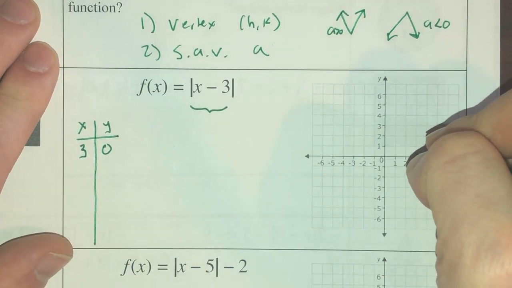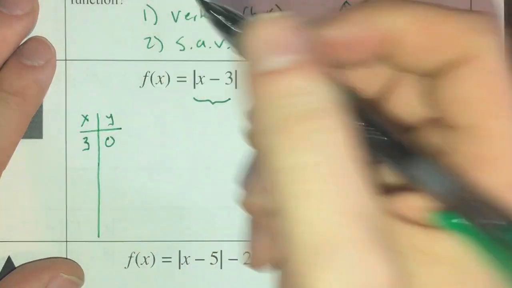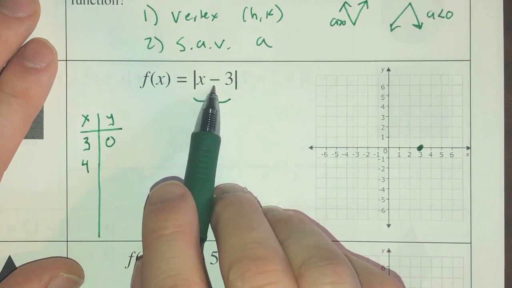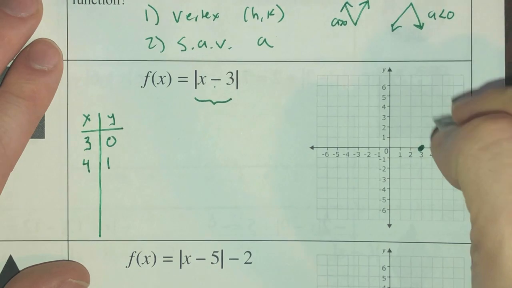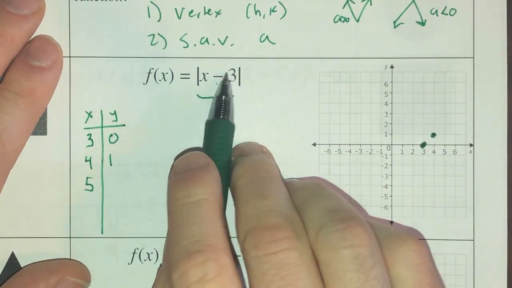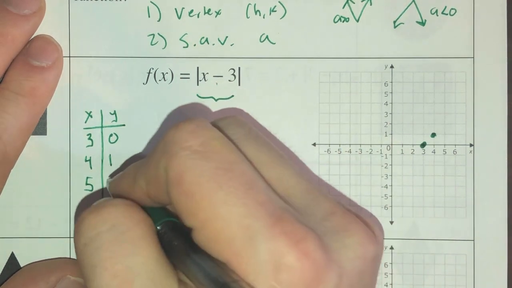So 3, 0. Because when I plug in 3, this is 0, everything gone. How about 4? So you try to make the numbers in here small, okay? 4 minus 3 is 1. Absolute value of 1 is 1. I'm not adding anything there. 5. 5 minus 3 is 2. Absolute value is 2. Nothing to add on.